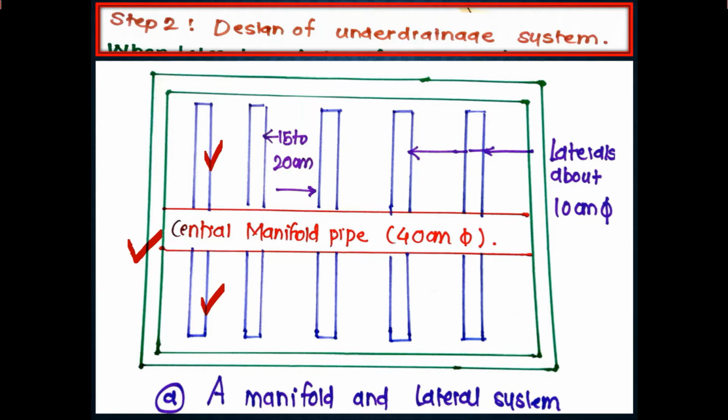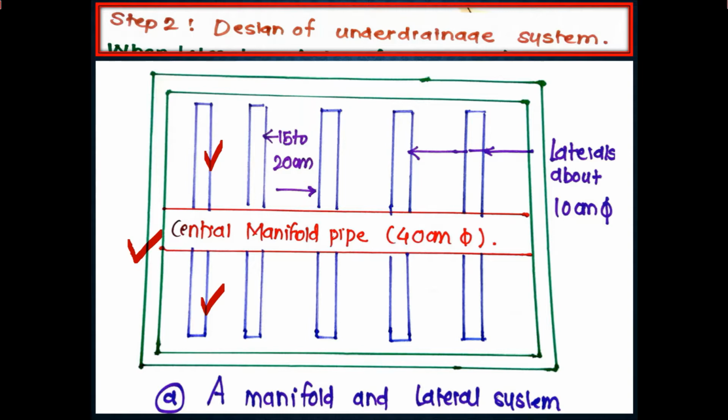And in India, all the designers engaged in water supply, all the civil engineers working in the field of water supply, particularly in the water treatment plant, when they are designing the under drainage system, give preference to the manifold and lateral system instead of the other types.